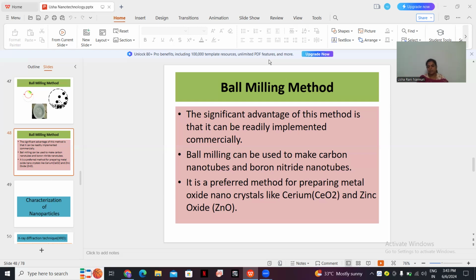Coming to the principle, this method is based on the utilization of heat energy produced during an exothermic spontaneous redox reaction between an oxidizer and a reducing agent.